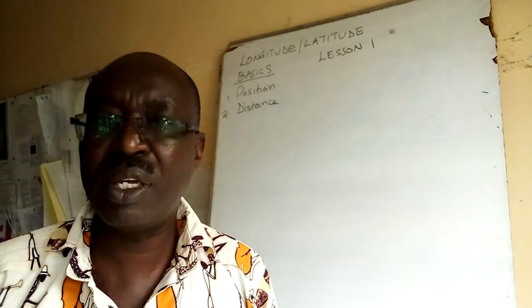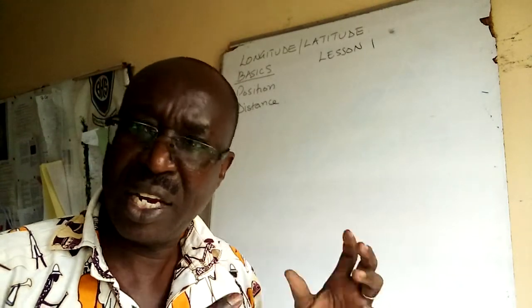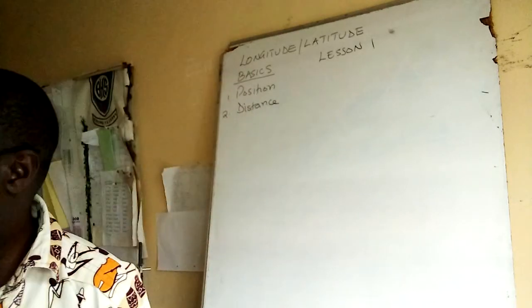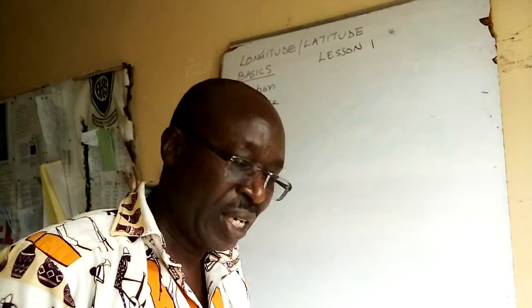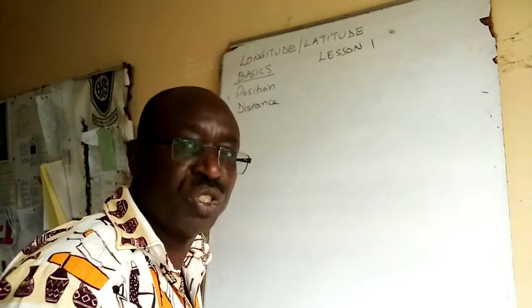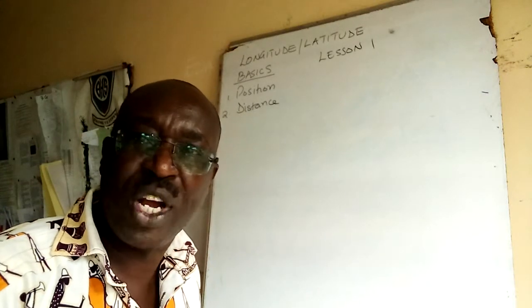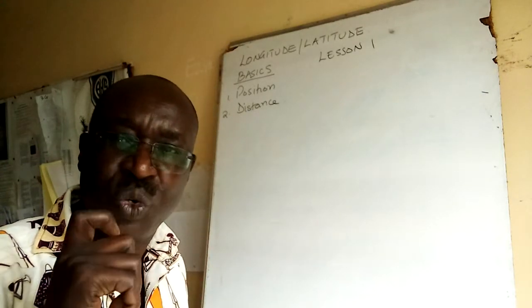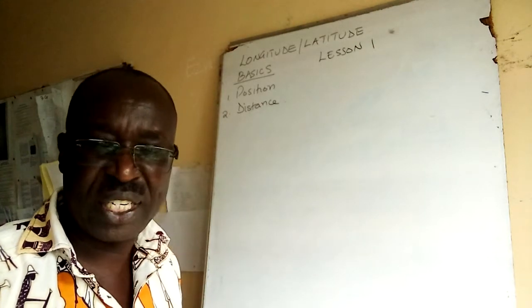So let me put that in picture form. Let me pick my pens. We can express positions in coordinate form. Coordinate form gives you an x coordinate and a y coordinate.